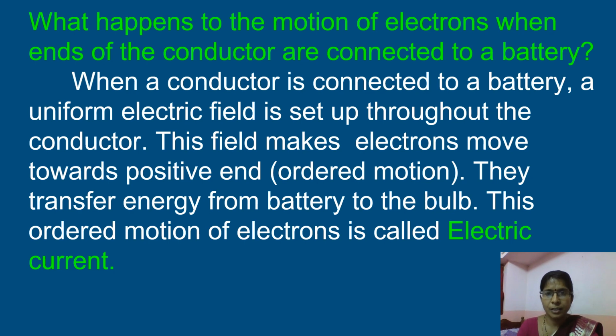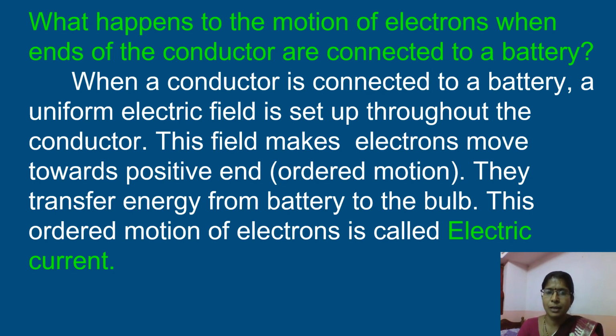Since these electrons are negatively charged, they move towards the positively charged electrode of the battery. This sets up the electric field. This field makes the electrons move towards the positive end, and hence they transfer energy from battery to the bulb. So when we connect the wires to a battery, it sets up an electric field.